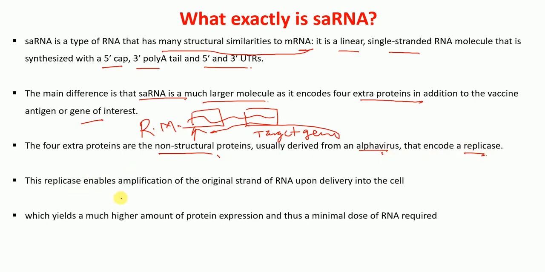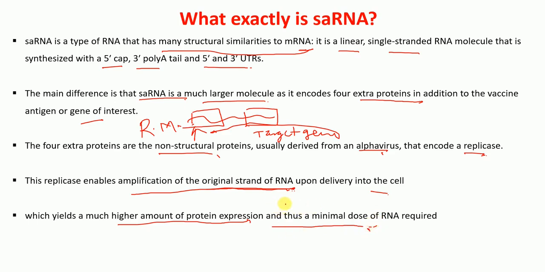The replicase enables the amplification of the original strand of RNA molecule upon delivery into the cell. So this replicase gets translated inside the cells, and then after translation it does the amplification of the original strand of RNA, as I explained earlier. And this leads to a higher amount of protein expression, and thus a minimum dose of RNA is required.